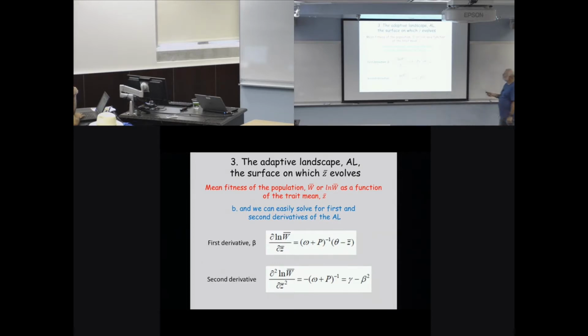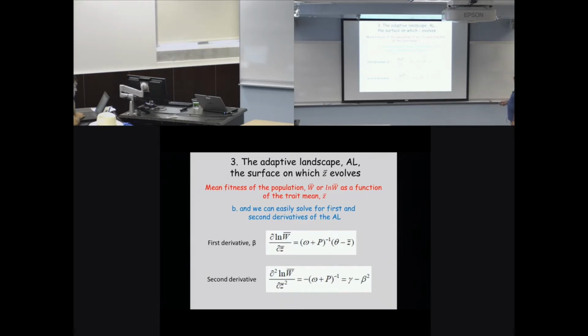Here we want to set the stage for a surface upon which our delta z bar vector can evolve, and this is that surface. By making these Gaussian assumptions, now we have a conceptual surface that we can actually specify, in which we can see the evolution of that trait mean, and we can model the evolution of the trait mean. That's what we're going to do later today.